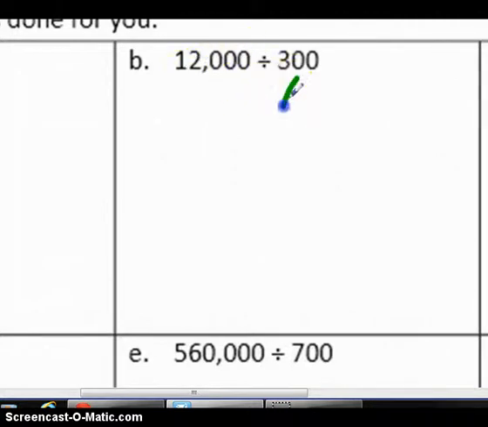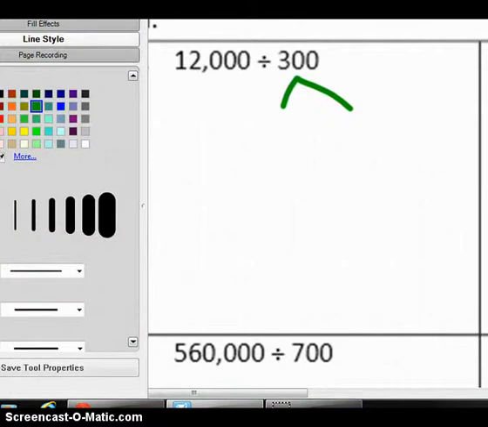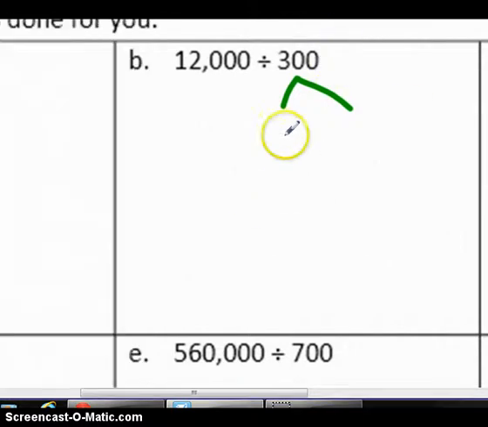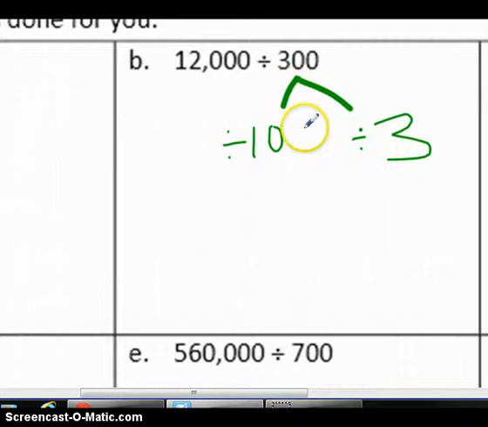12,000 divided by 300. 300 really, what happened to my pen? Thin line. Alright. Is divided by 10 and divided by 3, because 3 times 10 is 30. Sorry, divide by 100, because 3 times 100 is 300.